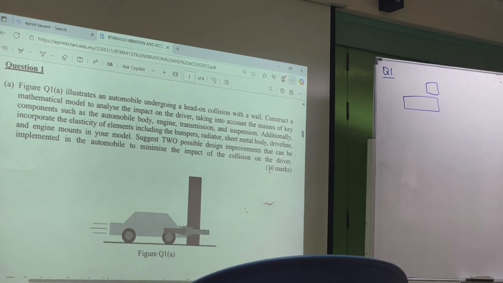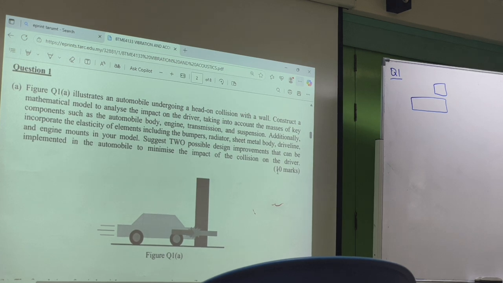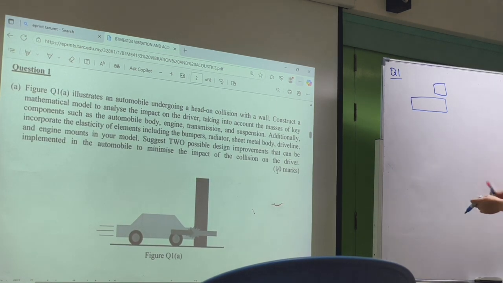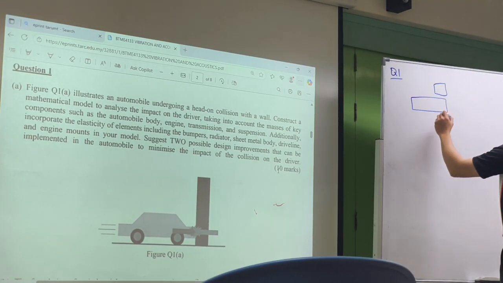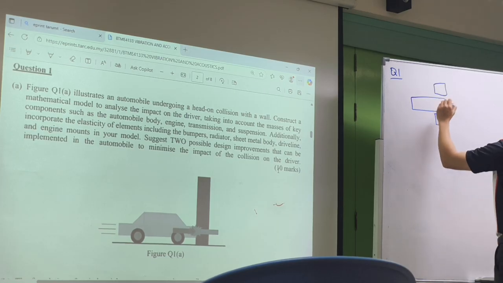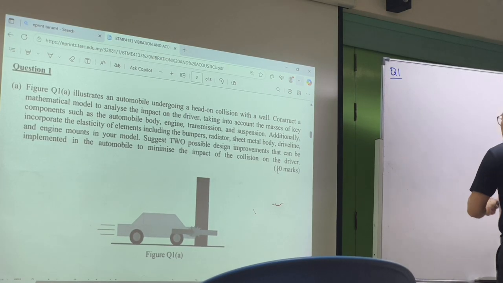Maybe you can add it together with the engine. Suspension can be the spring that suspends the car system. Maybe I put it in the bottom. Okay, make it the same size.